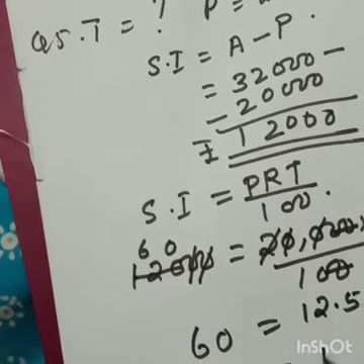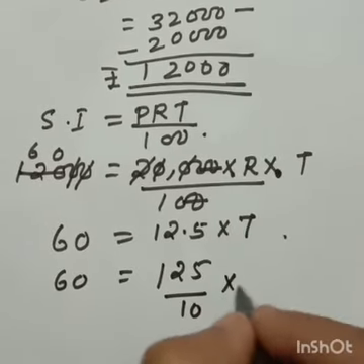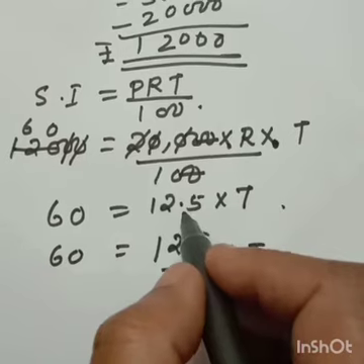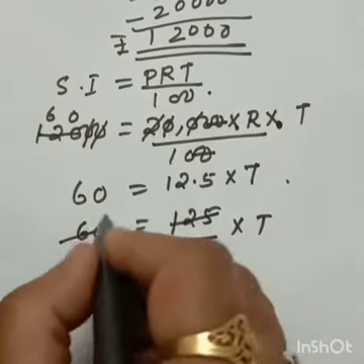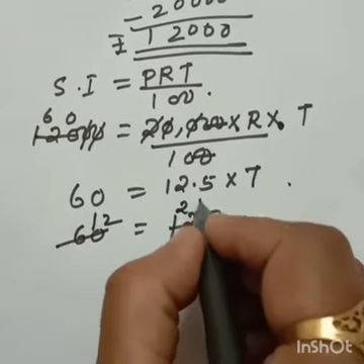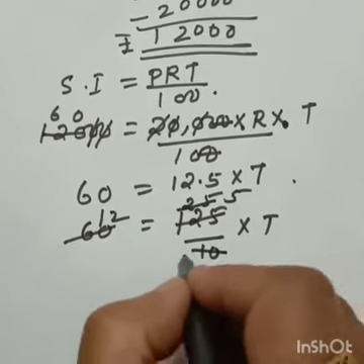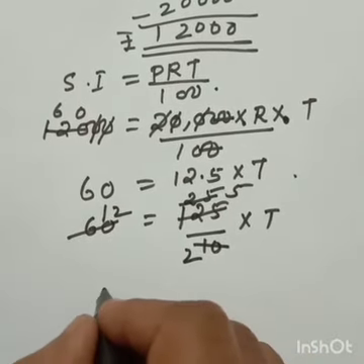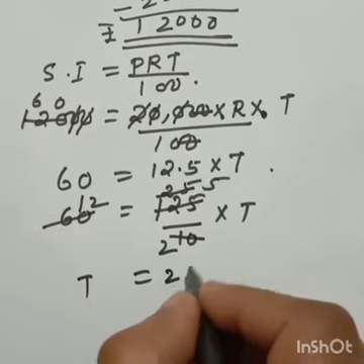60 equal to 125 by 10 into T. I took out this decimal. 5 table. Time equals, the dividing 2 will be multiplied, here 24.